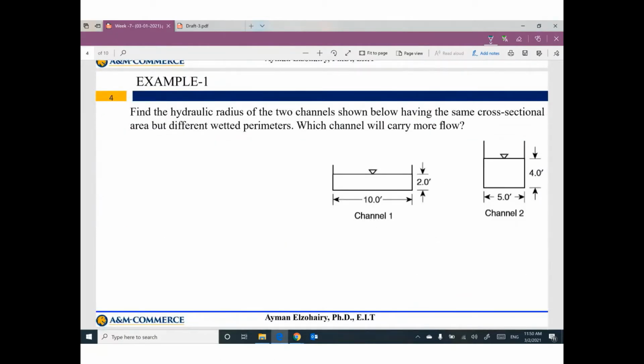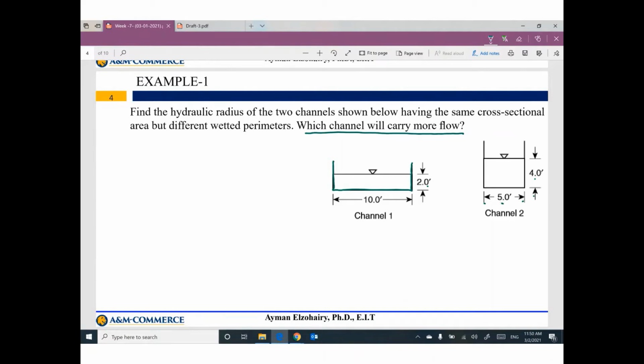We have two channels. The first one has this cross-section, width 10, depth 2. Another one with width 5, depth 4. My question is, which channel will be more efficient? Or which channel will carry more flow?